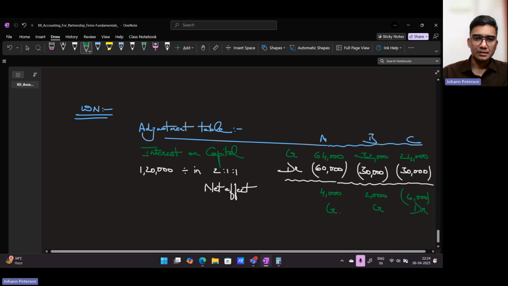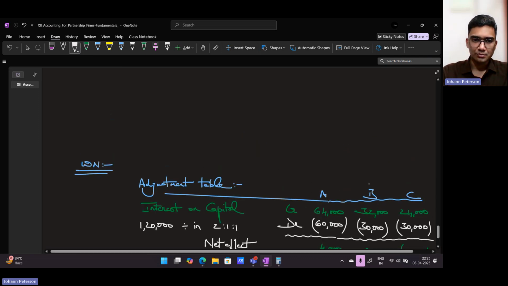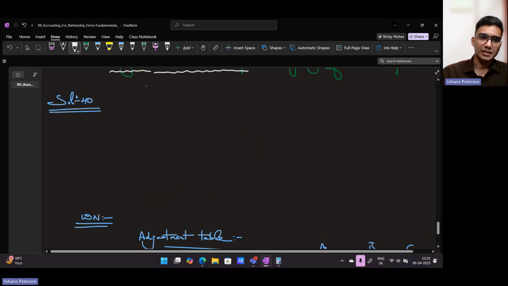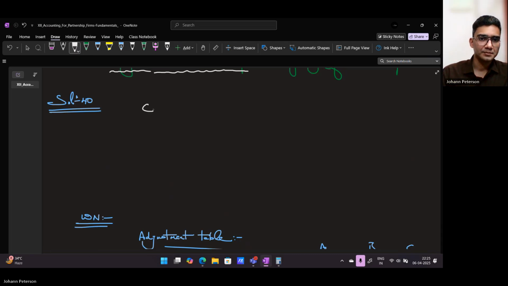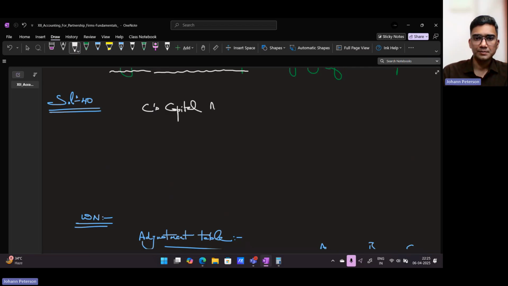Now, looking at this, we have to make a journal entry. So what is our entry? If we are to make our entry, it will be C's capital account debit, that is 6,000, to A's capital 4,000, and to B's capital 2,000. So our answer is C's capital account debit.